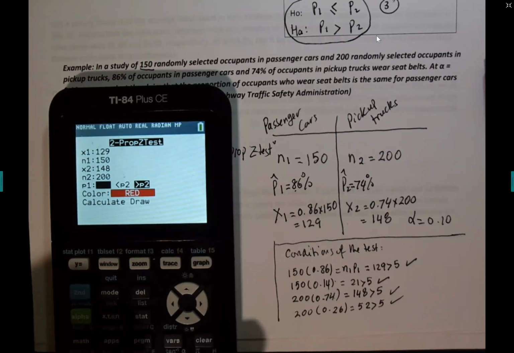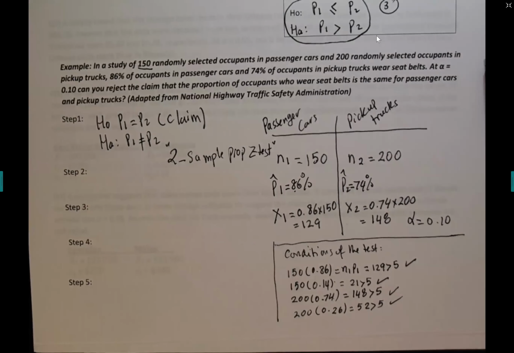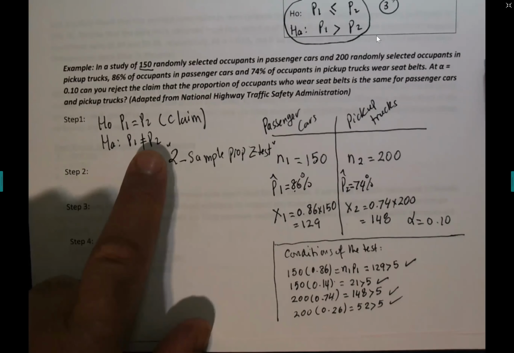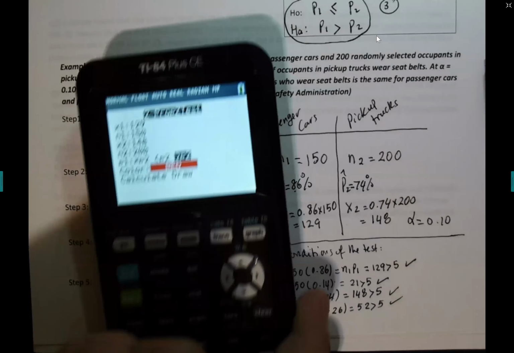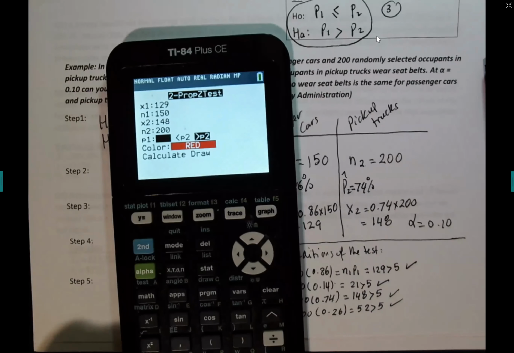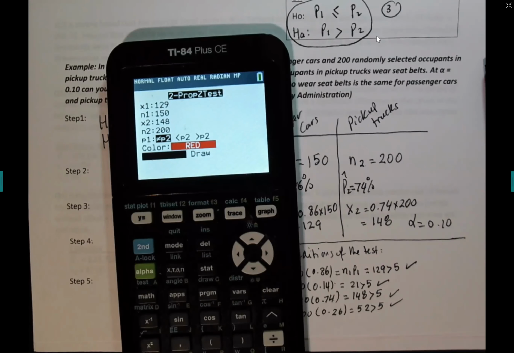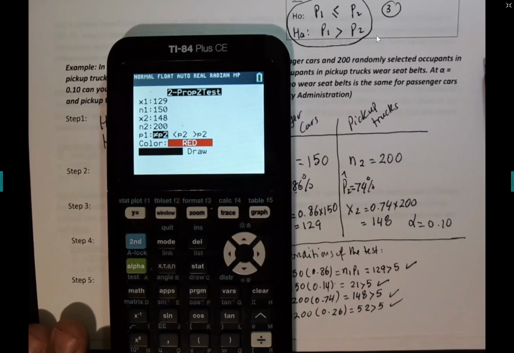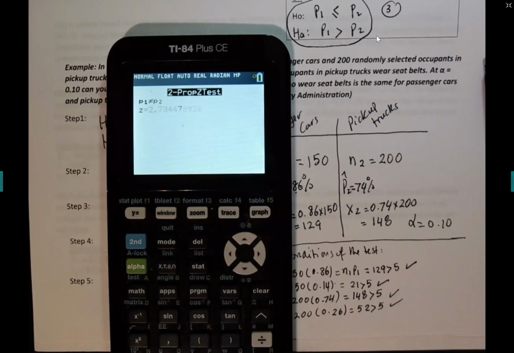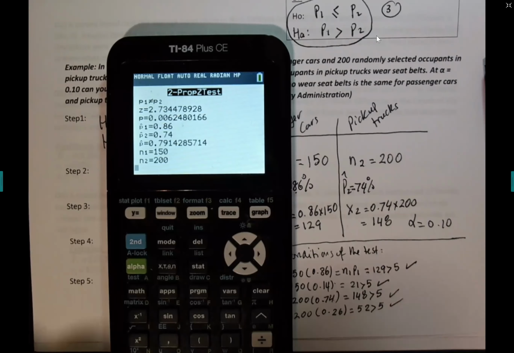And now let's see what's the alternative hypothesis, guys. You can see p1 is not equal to p2. I'll select it. And then I'm going to hit calculate this time. So that's a screenshot of what we're doing. Z is 2.73.